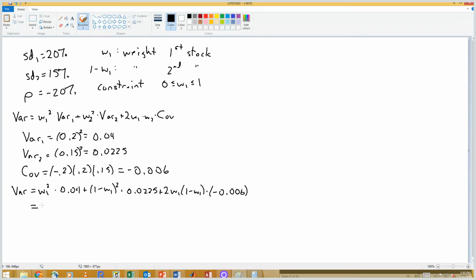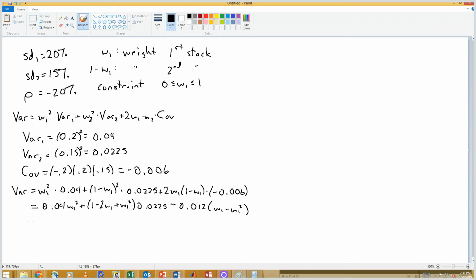Let's expand out these products. So we get 0.04 W1 squared plus 1 minus 2W1 plus W1 squared times 0.0225 minus 0.012 times W1 minus W1 squared.